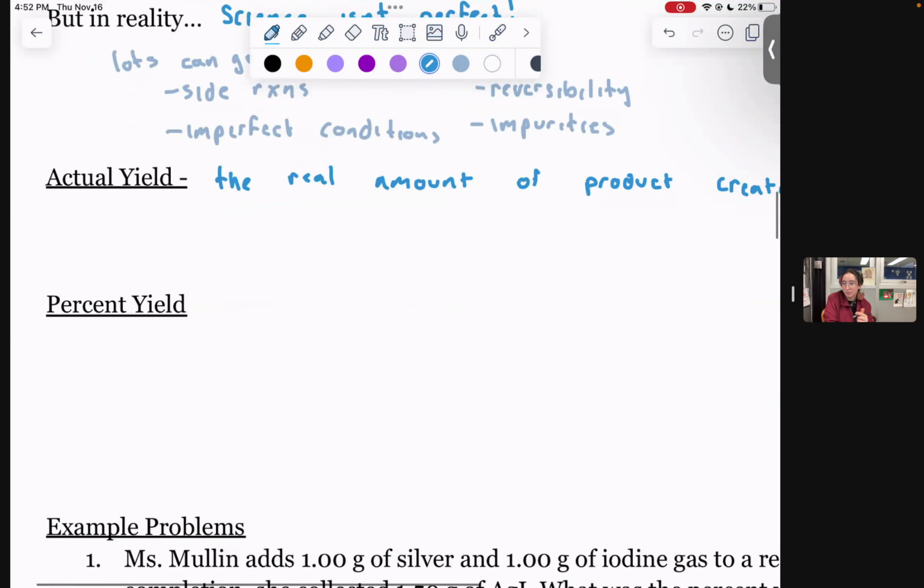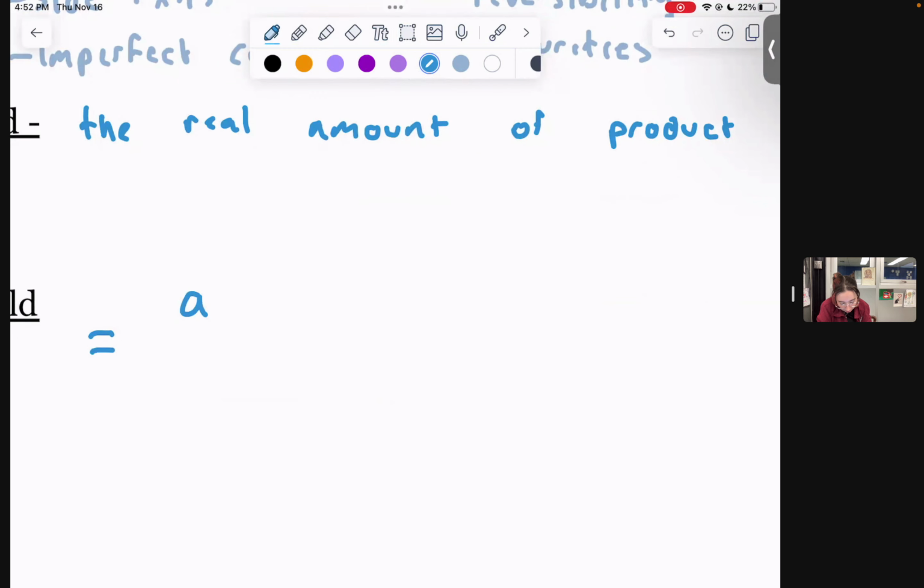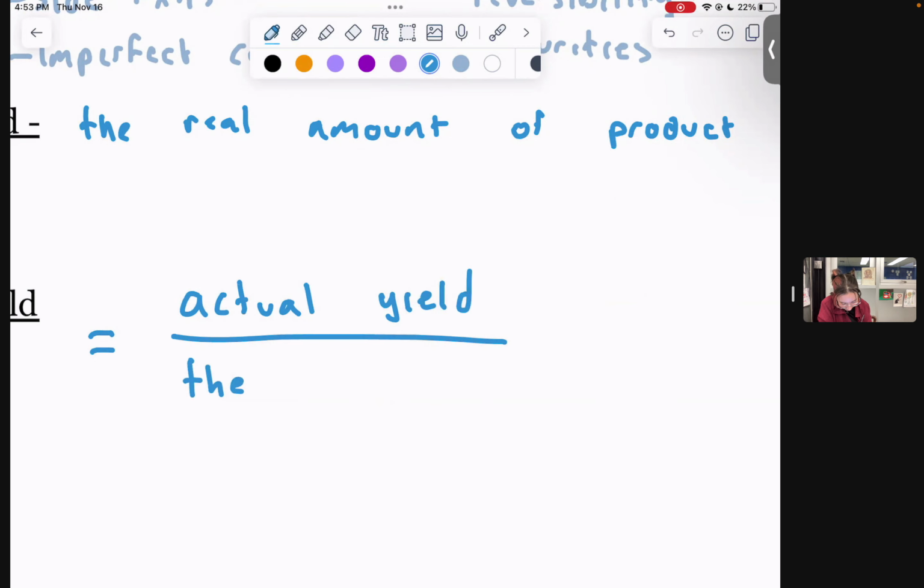So there's a very simple equation for this. Percent yield, it's just a percent, so it's our actual yield over our theoretical yield. Oh, I've been spelling it the wrong way on all of my notes. That's super cool. Okay, it's fine. Yield.